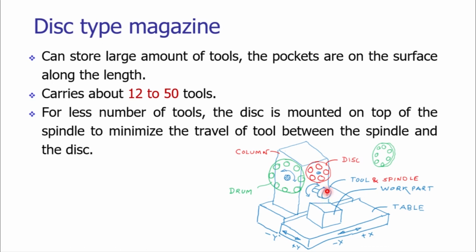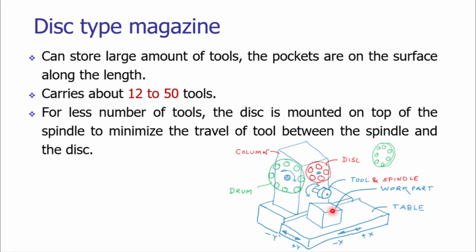Now if the disc is of a smaller size and we are storing a limited number of cutting tools, then we can easily have the disc mounted just above the spindle. The reason is that we can reduce the time of the tool changing operation, so we can quickly process the work parts.